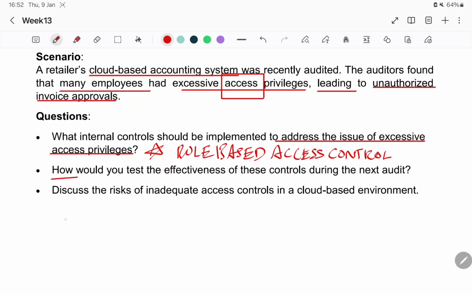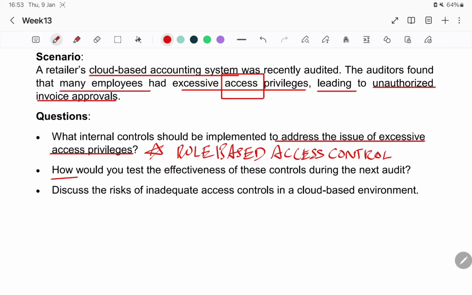Okay, finally, discuss the risk of inadequate access control in a cloud-based environment. This one is actually linked to the chapter on imaging technology, and also with fraud.